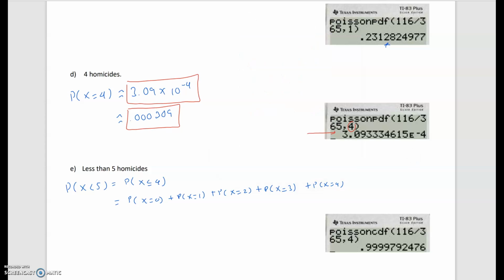Or another way of viewing it is this will be your Poisson CDF. I already put the code there, and just keep in mind that less than 5 means less than or equal to 4.